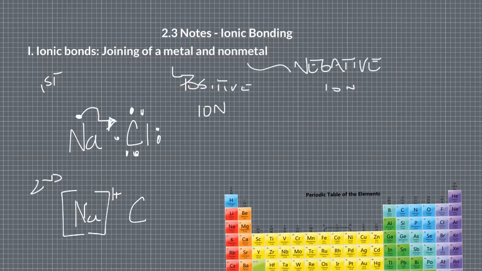Chlorine now has 8 valence electrons: 1, 2, 3, 4, 5, 6, 7, 8. Around each element, we draw brackets, and on the outside, we list the charge that they become. Sodium became positively charged, chlorine becomes 1 negatively charged, and basically what you get is a positive and a negative atom, and they're going to be attracted to one another.